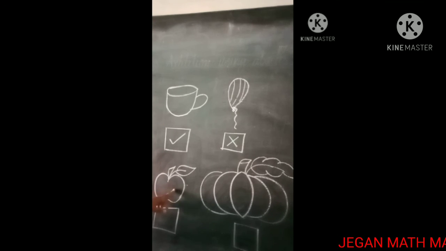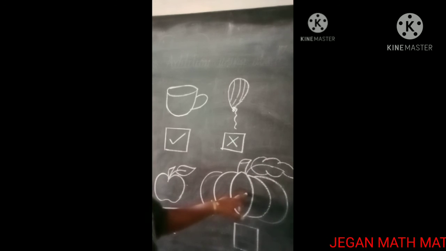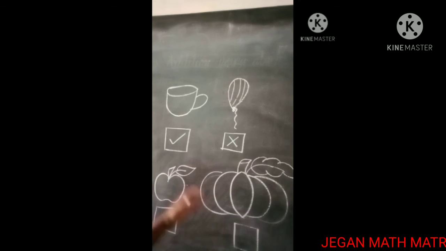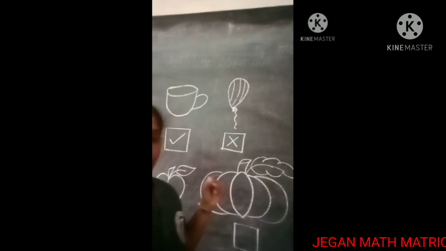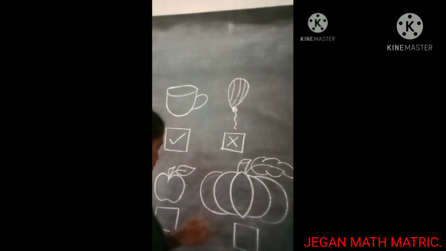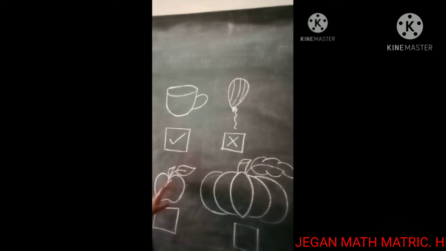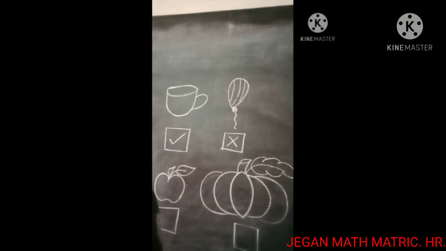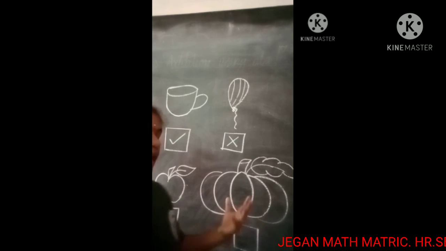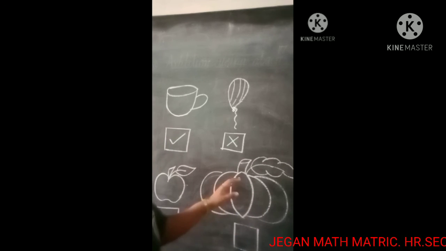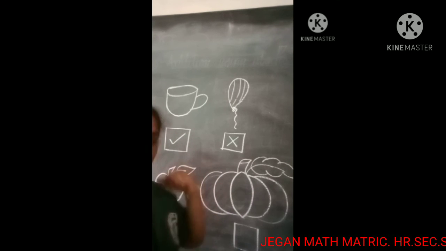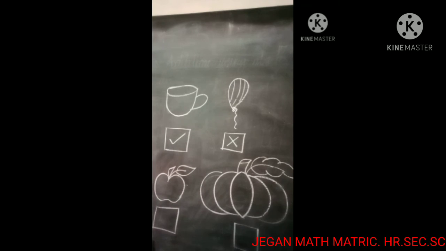Super. Now see the second question. This is an apple. This is a pumpkin. Do you like apple, kids? Yes, I too like apple. Now see these two objects. Which is the heavy object and which is the light object? Tell me.